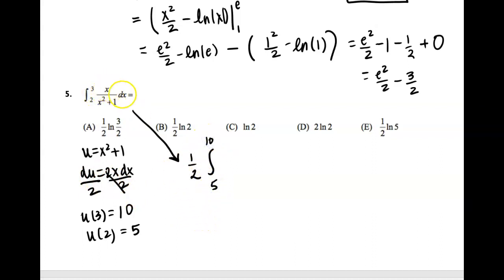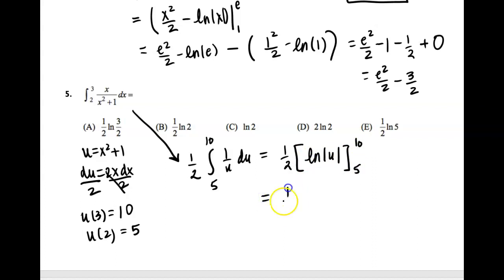And then what I have here is du over u, or 1 over u du. I prefer to write it this way because it makes it more clear how to find the antiderivative. 1/2. The antiderivative of 1 over u is natural log absolute value of u from 5 to 10. So this is 1/2 times natural log of 10 minus natural log of 5.